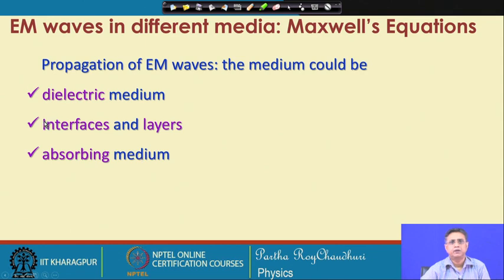For example, when you take the interface of two dielectric media and an electromagnetic wave has to propagate through it, we will study how this structure interacts with the electromagnetic wave. And if the medium is lossy, for example any conducting medium, then how it works, that also we will study in this discussion.